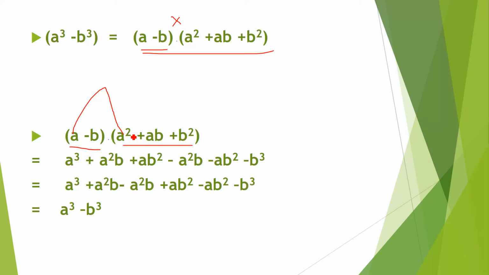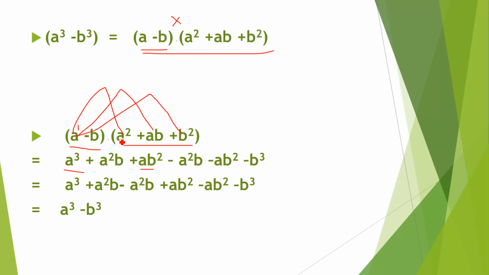This a has no exponent written, it means 1. In multiplication you have to add the exponent, so it will be a cube, right? So I have mentioned a cube here. And then you have to multiply a with b. So this is a, this is a, it will be a square b, right? Similarly, you have to multiply a with plus b square, so it will be ab square.